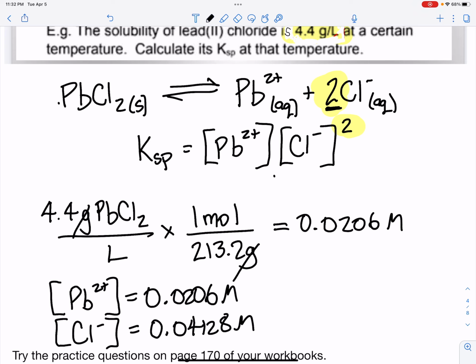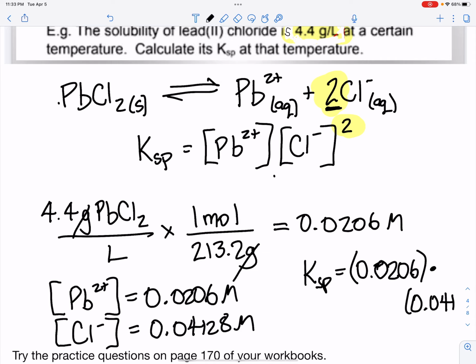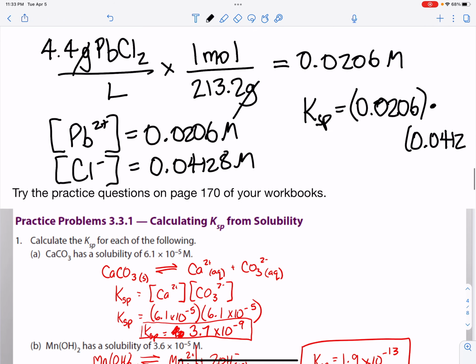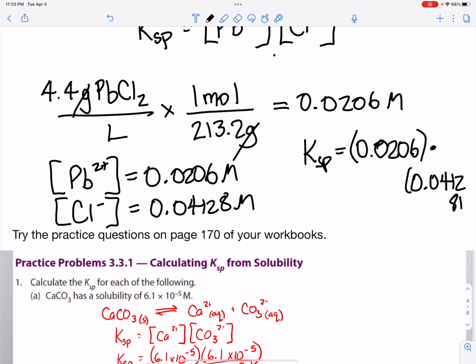And then I'm going to substitute those into the KSP expression. So KSP is equal to 0.0206 multiplied by 0.04128 squared.